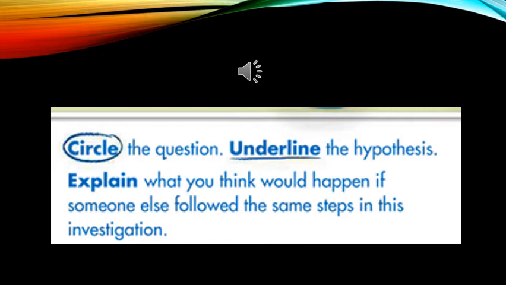Of course, if there is a question, there is a hypothesis. Finally, explain what you think would happen if someone else followed the same steps in this investigation. We answered a similar question before.